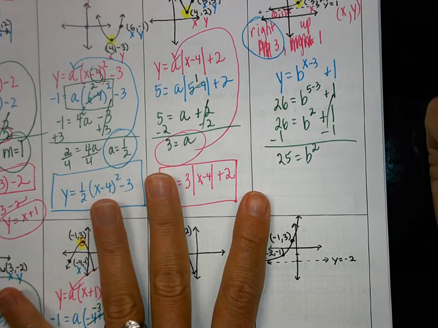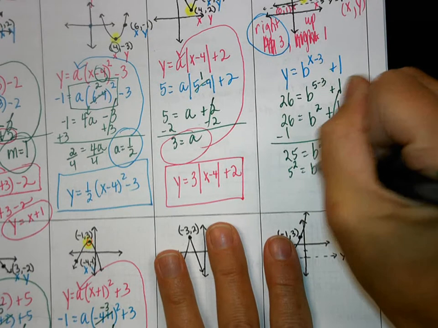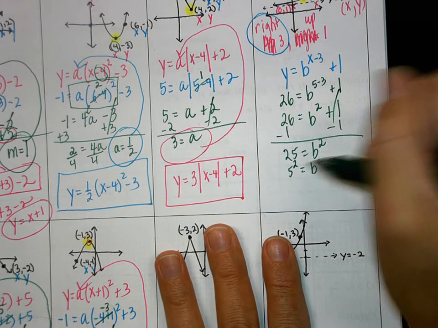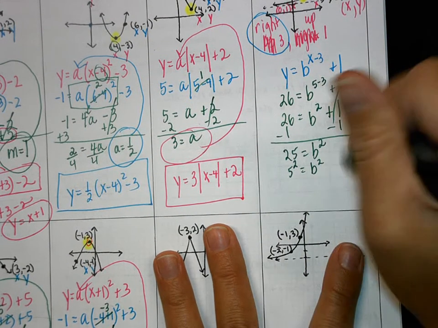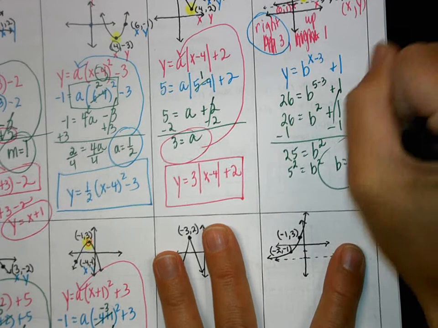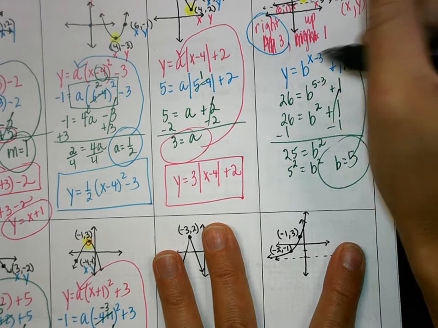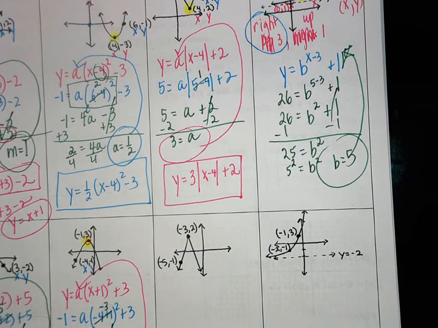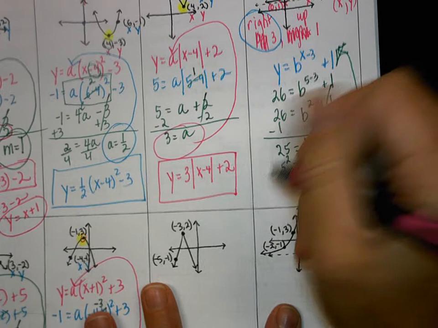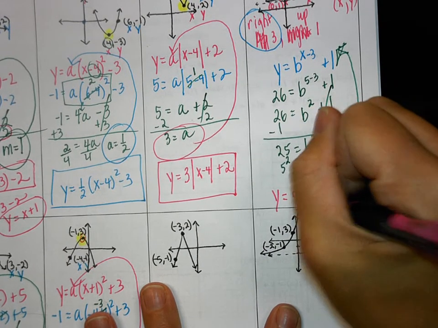Either way. 25 is 5 squared. Notice that the exponents match, so that means the bases match, so that means B equals what? And we take this and plug it into our equation here. And so my equation ends up being what? Good job. Y equals 5 to the X minus 3 plus 1.